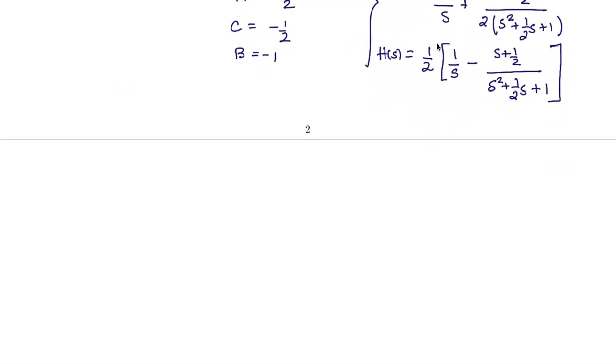Let's go and do our completing of the square so that I have now H of s is equal to 1/2 times 1 over s minus s plus a half all over s squared plus 1/2 s plus a blank and plus another blank since we have to borrow from the 1.